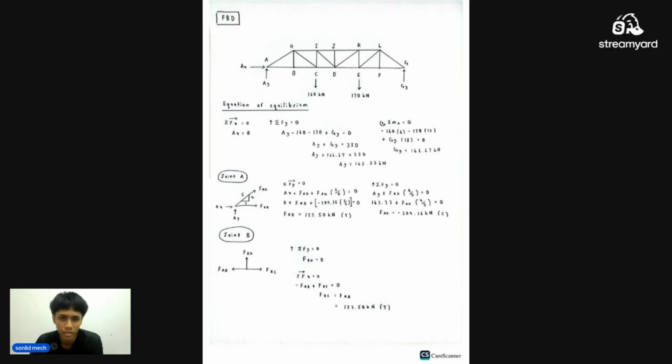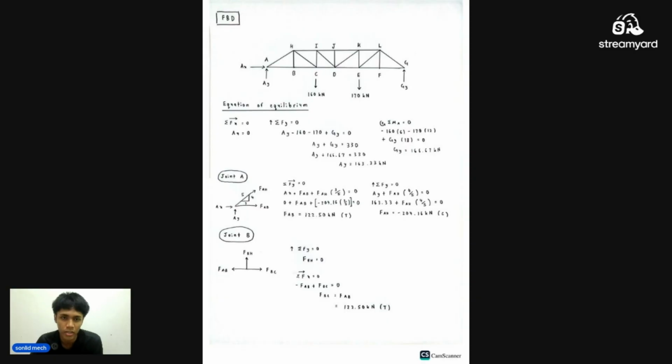And then we can find the value of Ay using the total Fy equals to 0. Insert the value of Gy in the equation and we get the Ay value, which is 163.33 kilonewton.